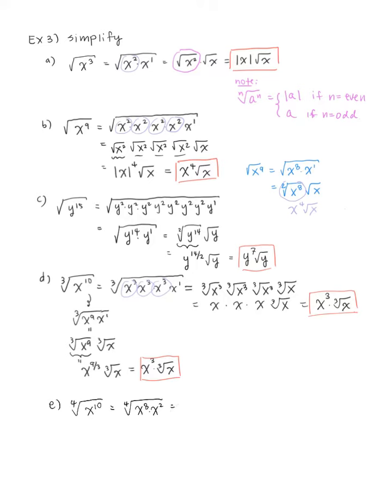So again, we're going to get fourth root of x to the 8 times the fourth root of x squared. This portion now becomes x to the 8 over 4, and then just attach fourth root of x squared. So we're going to get x to the, what's 8 divided by 4? 2. And then fourth root of x squared.